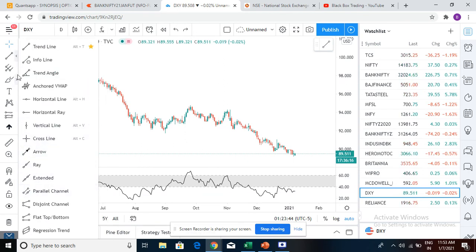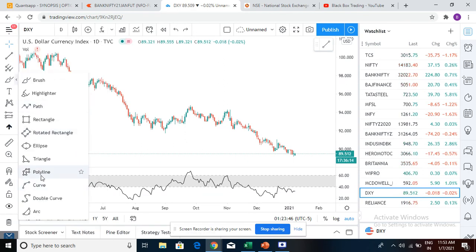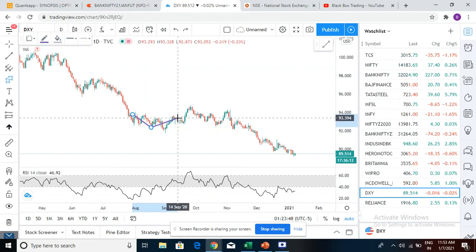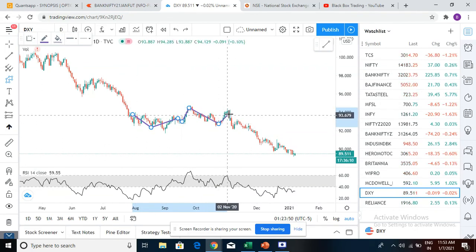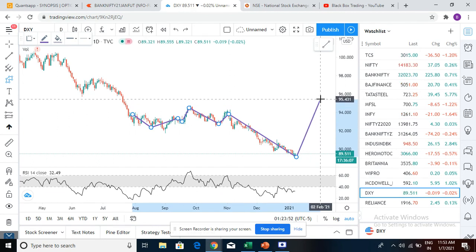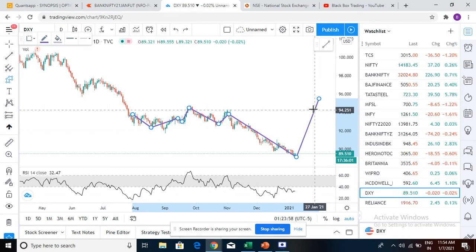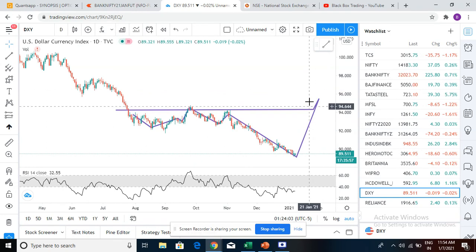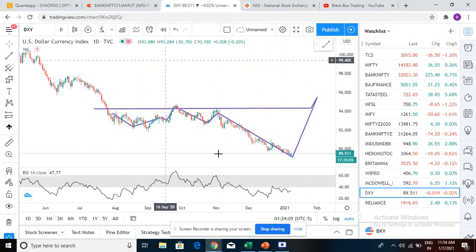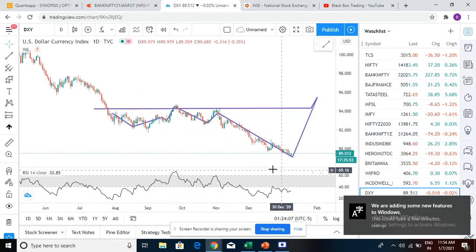If something is falling, just as an example, let it fall, let it give a proper breakout above this. Don't try to enter in the middle.